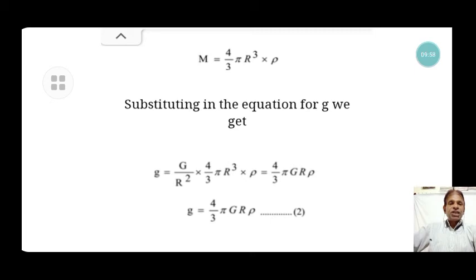Substituting in the equation for g, we get g is equal to GM by r square.